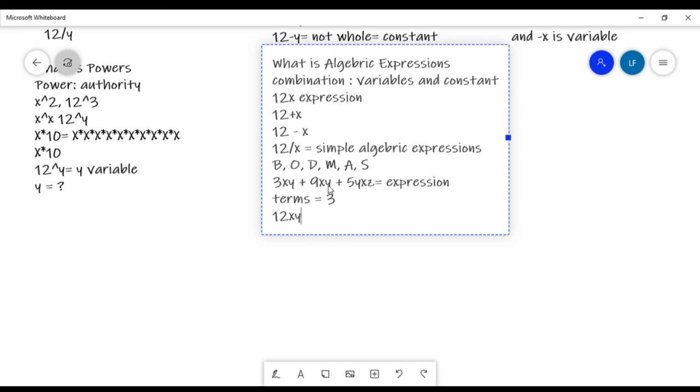So their value will remain as x and y, and we'll be just adding the constants.